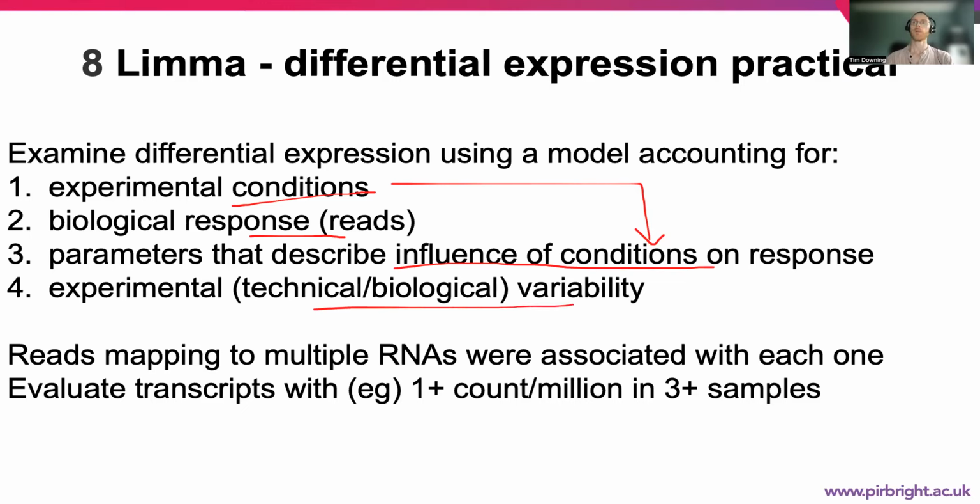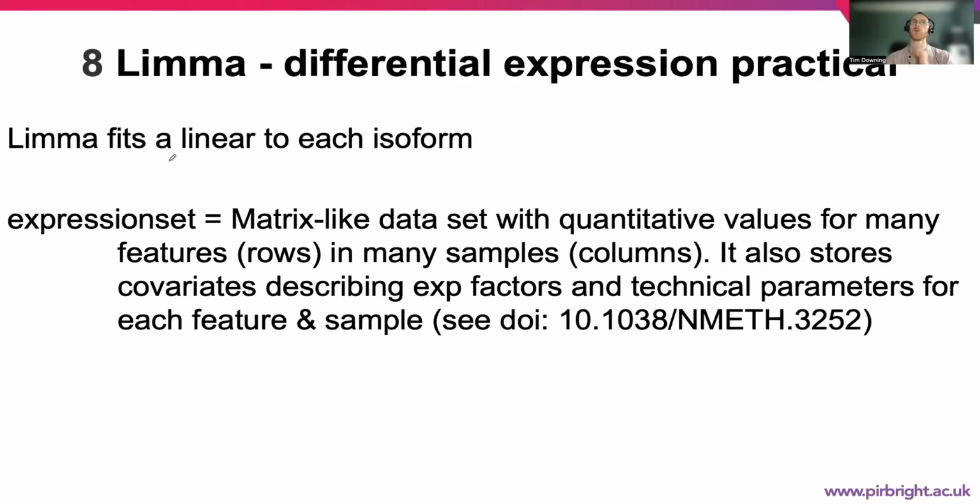So what we're dealing with in more practical terms, when we're using limma, the Bioconductor package, is that we're typically looking at an expression set, which is a matrix-like data set, which we obtain from the Kallisto H5 bootstrapping data that contains quantitative values for each feature, for each transcript, across many samples.